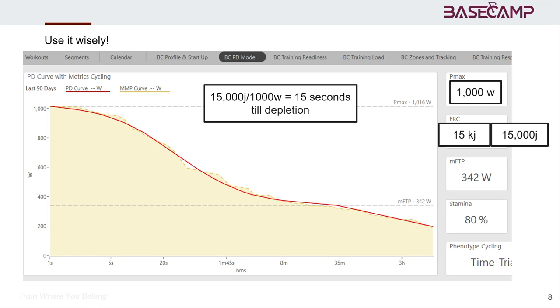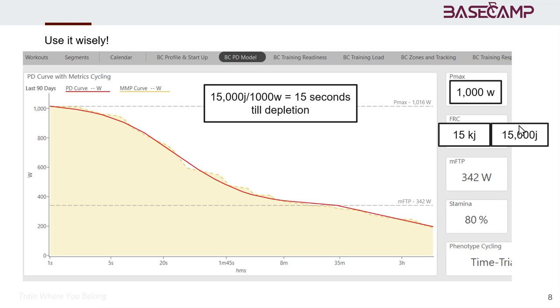Now I need to caveat that as for the correct physiology. Fatigue is multifaceted. It's highly unlikely that this athlete can hold their Pmax for 15 seconds. Other fatigue factors will probably have the athlete dropping off around 5 or 6 seconds, maybe 7 seconds, maybe 8 seconds, because fatigue is multifaceted.